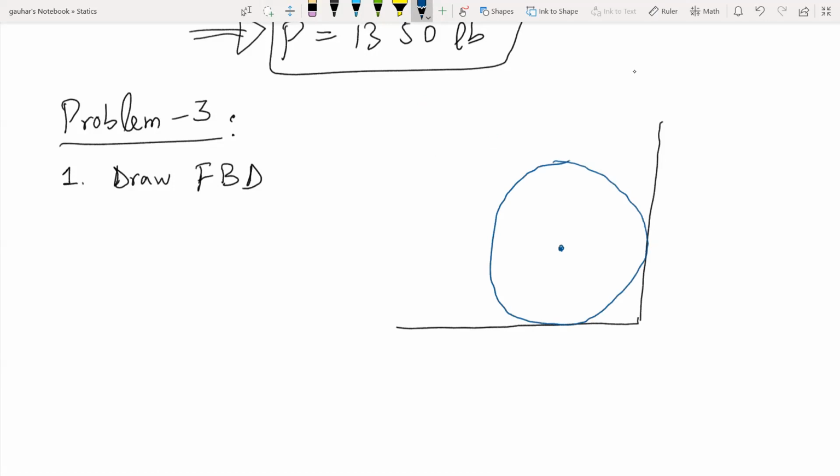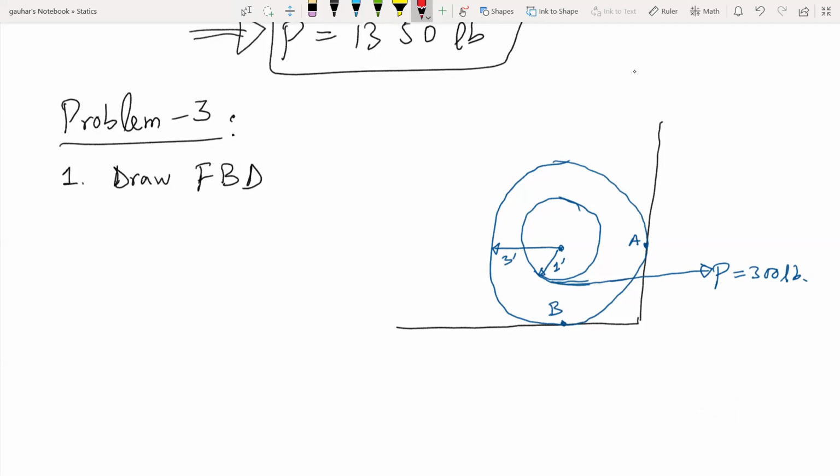This is the center of the spool, and this is the wire where the force P is applied, which is 300 pounds. This is point A, this is point B. This is 1 foot, this is 3 feet. Okay, so we are done with the outline sketch.